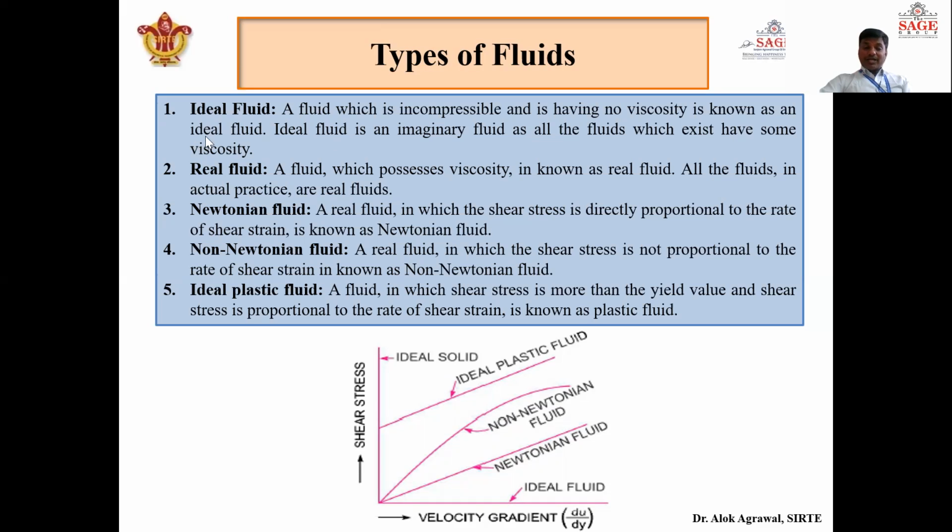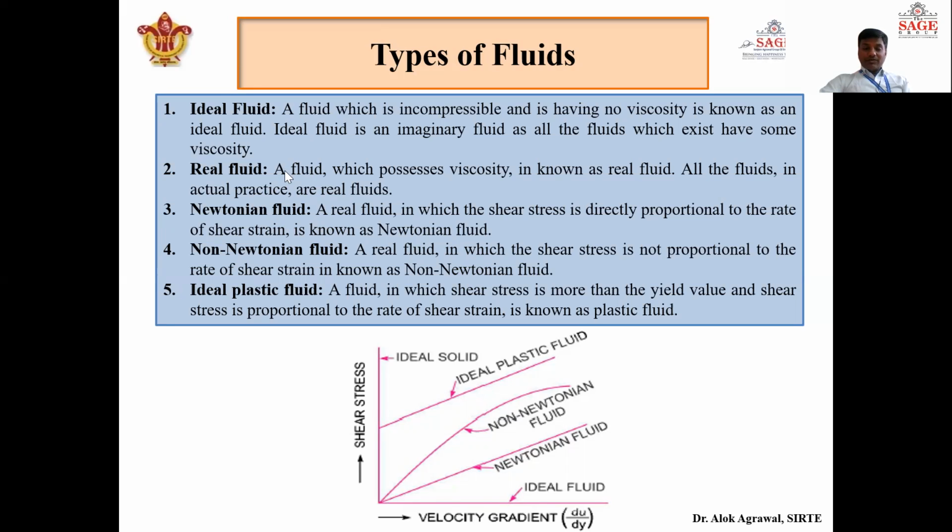So this ideal fluid is an imaginary fluid, and in this graph of shear stress by velocity gradient, that is tau by du by dy, this ideal fluid is represented by a horizontal line having shear stress 0, because when we keep mu equal to 0 in Newton's law of viscosity, we get tau equal to 0, and this tau equal to 0 is only on this velocity gradient line.